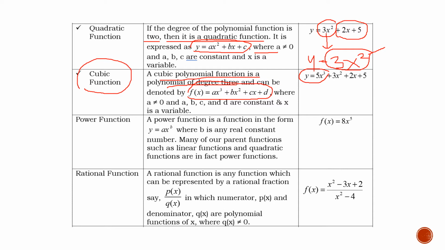A must be not equal to 0, but B, C, and D can be equal to 0. But again, as long as this leading term is visible, and the other terms are not visible, it's fine. As long as there is a term with a variable attached to it with an exponent of 3, that equation is considered a cubic function.